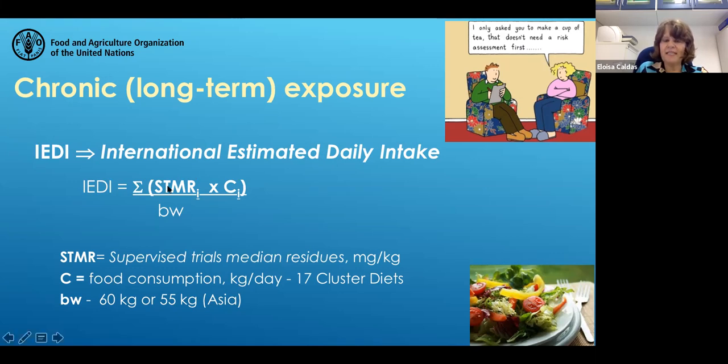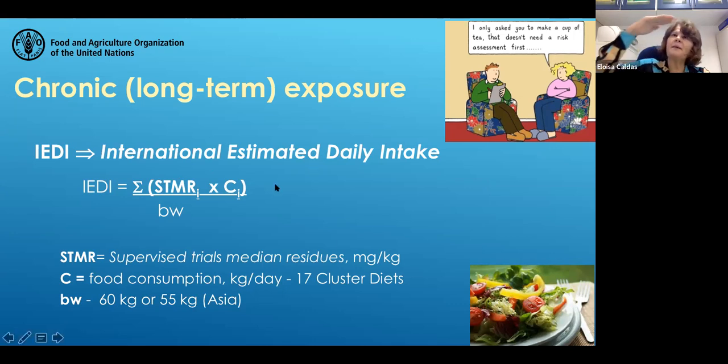So you have an STMR, and of course this is for each pesticide separately, the STMR of the pesticide in a crop times the consumption of that crop, plus the STMR derived for another crop times the consumption of that other crop.